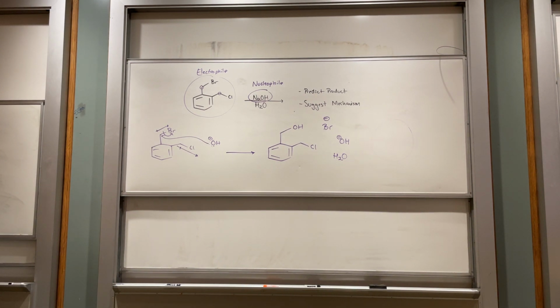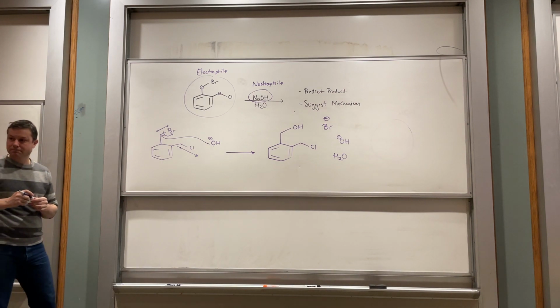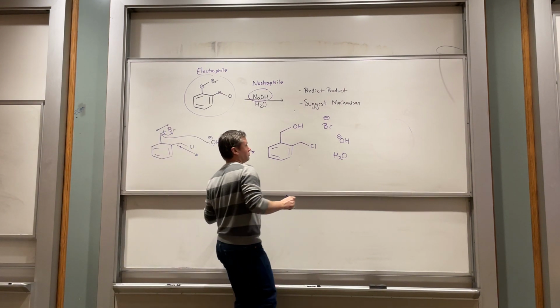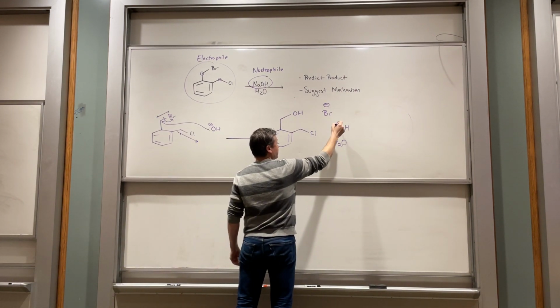What's something reasonable that could happen next? There's several things that can happen. Where do we go from here? Could the oxygen from the OH attach to the other carbon, the other chlorine? So that's one option, right?